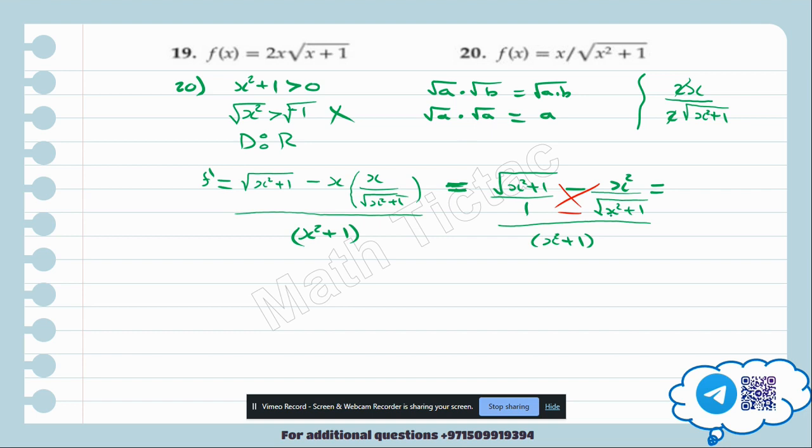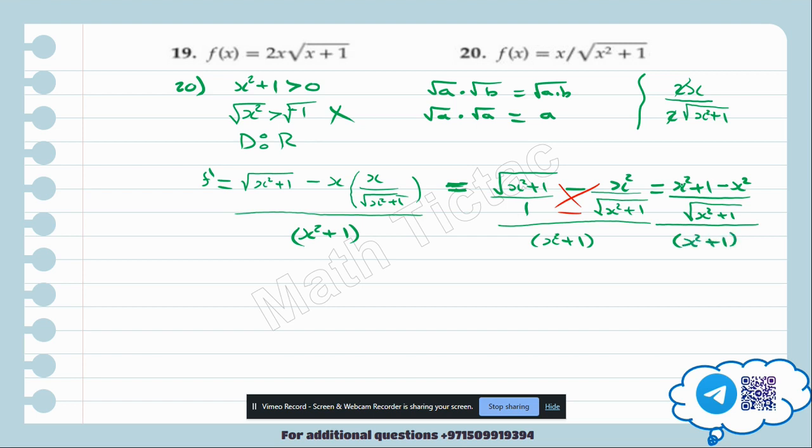So since we have the same expression inside the root, this is equal to x squared plus 1. Then 1 multiplied by minus x squared is minus x squared, over square root of x squared plus 1 multiplied by 1, which is the same, all over x squared plus 1.